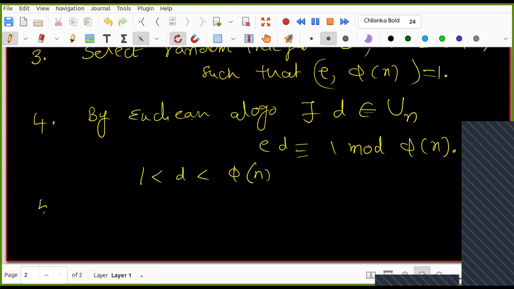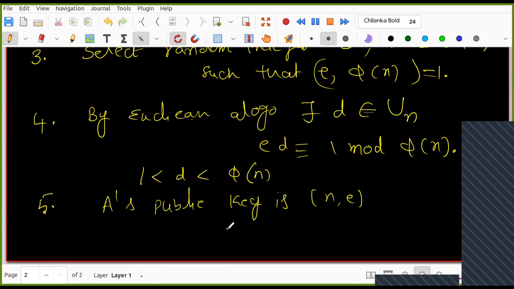Now by fifth property, A's public key is this n comma e. That means this n and e are known to everyone, and the private key is d. D is the private key.